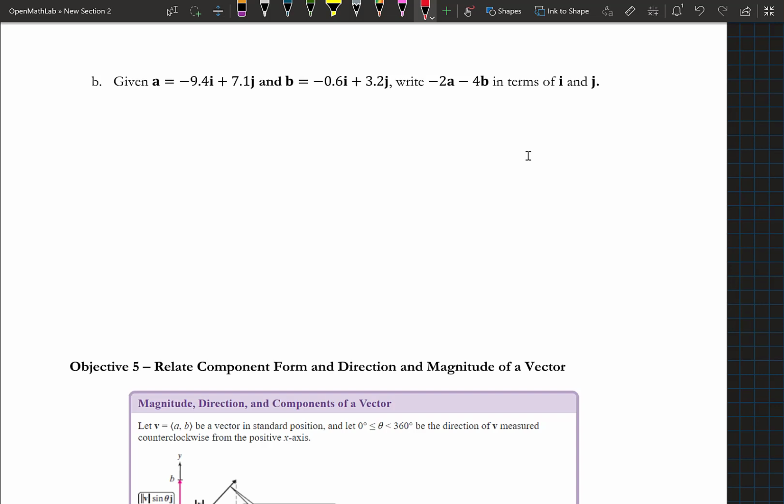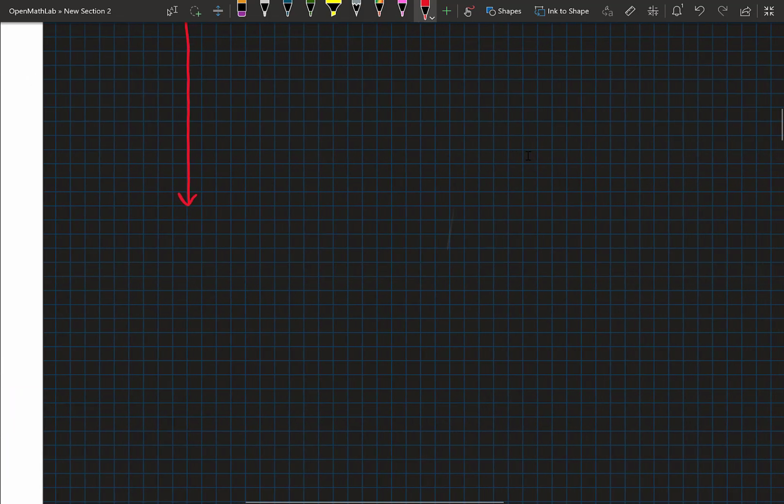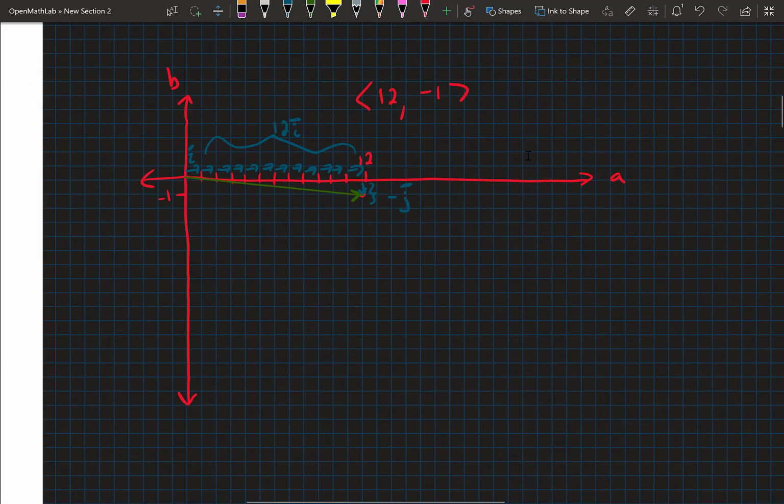Oh, and just a correction. I should have actually let this be the x-axis and this be the y-axis. I apologize. I mentioned a and b and was saying that a is the real axis and b is the imaginary axis. That's actually when we're dealing with complex numbers, a complex plane, but these vectors aren't necessarily in the complex plane.